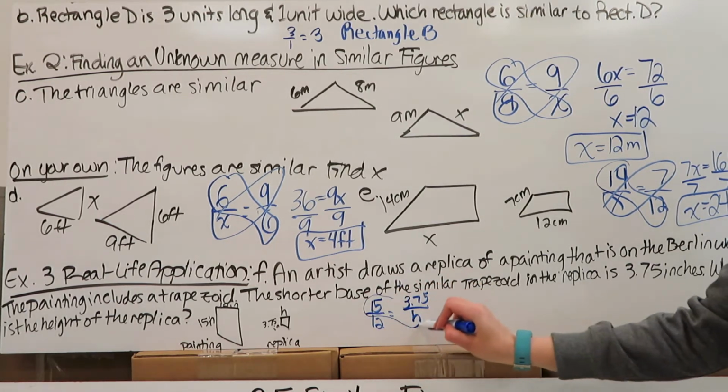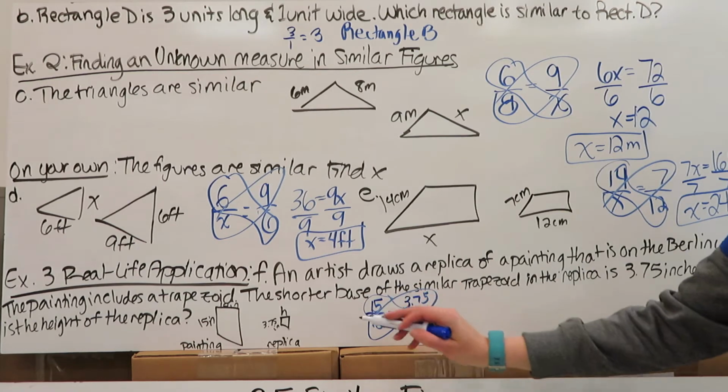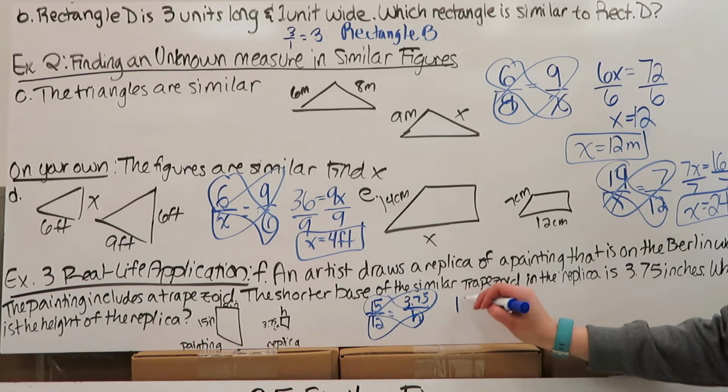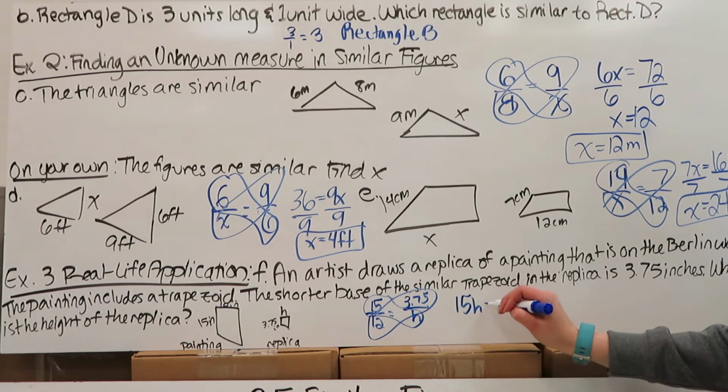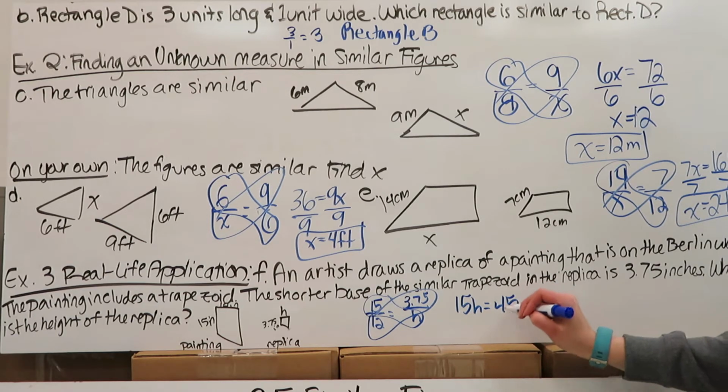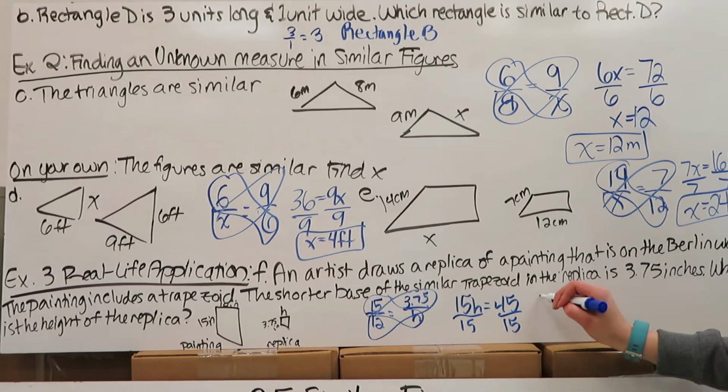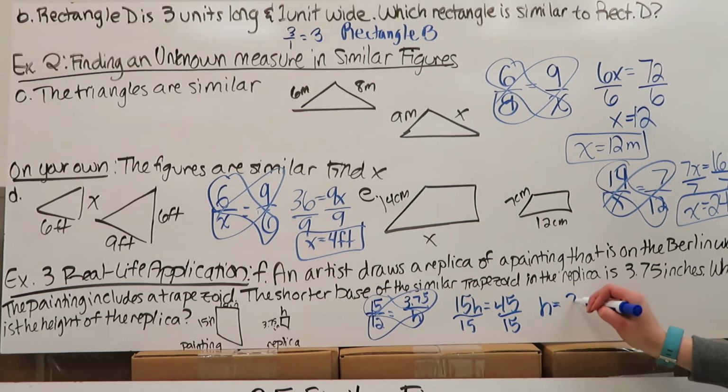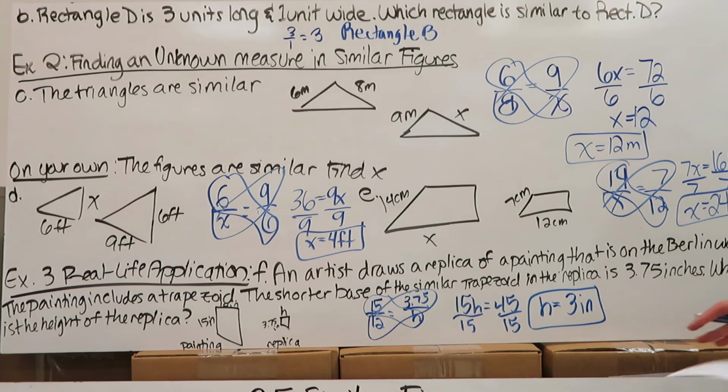So I'm going to do my cross multiplication. I have 15h equals 45. Divide both sides by 15. I'll get the answer of h equals 3 inches. So the height of the replica is 3 inches tall.